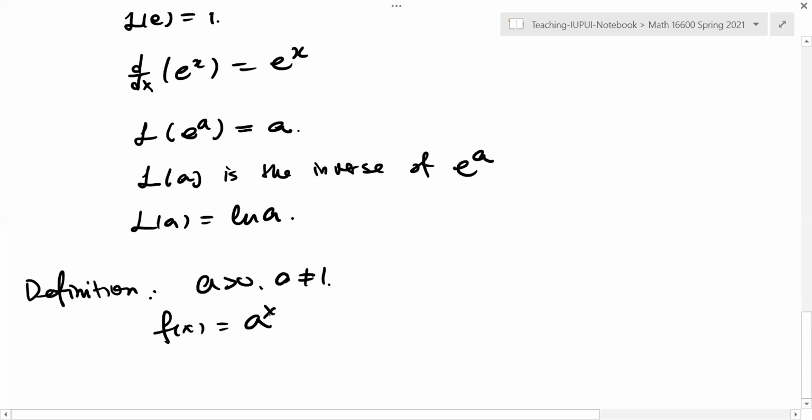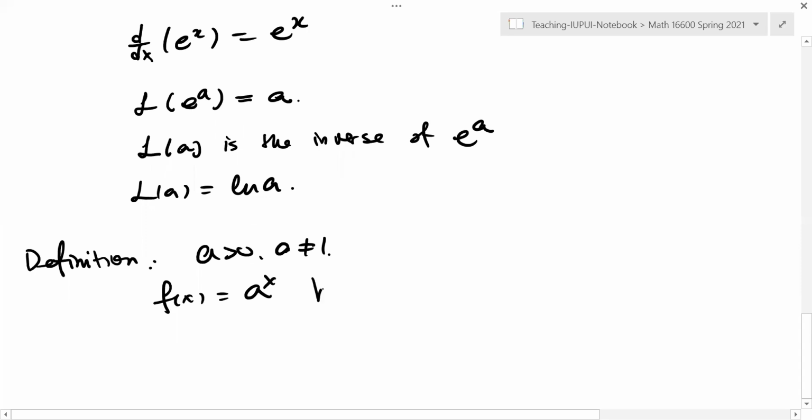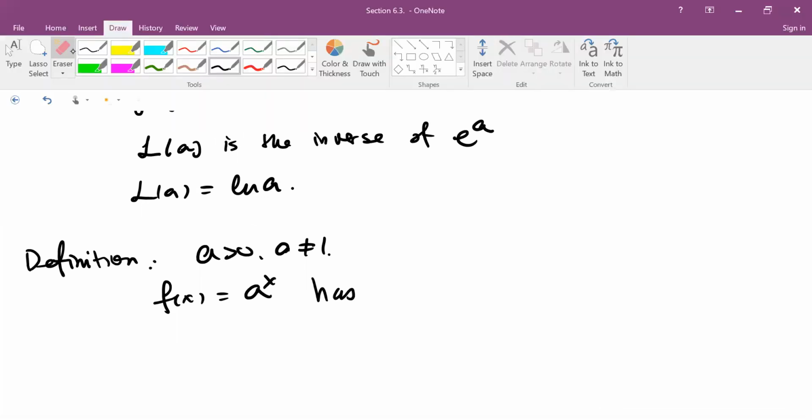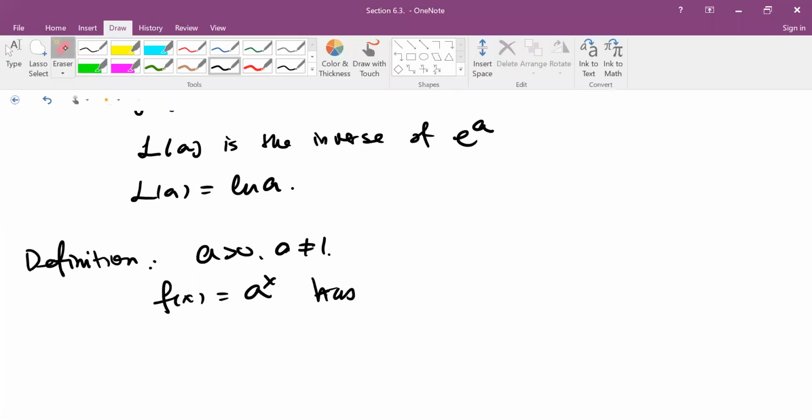Then this one has an inverse. It is increasing or decreasing depending on the value of a.